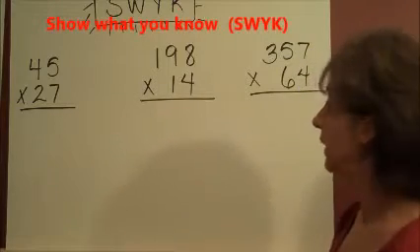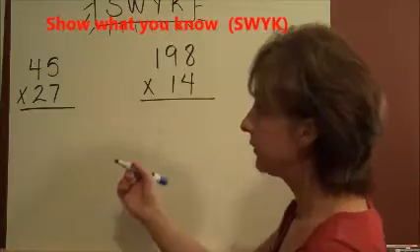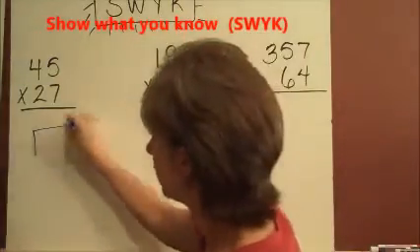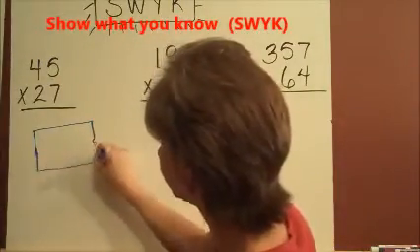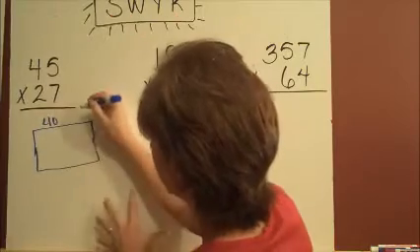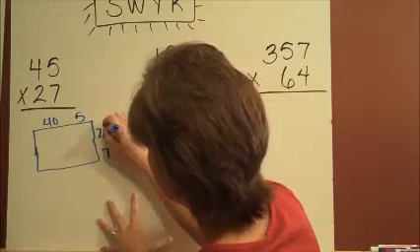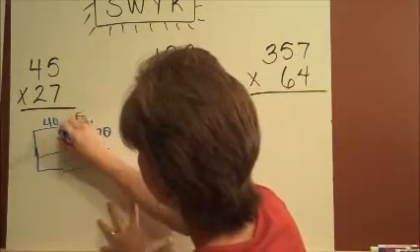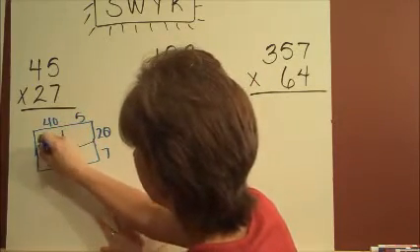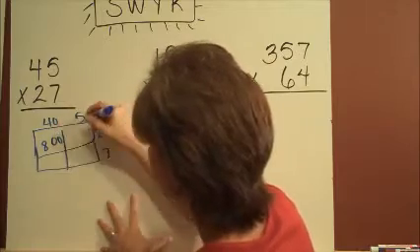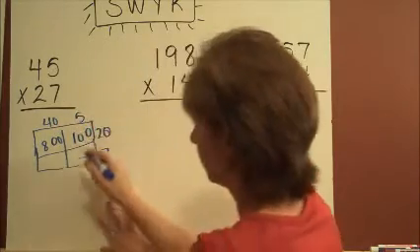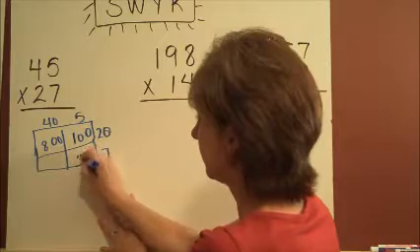45 times 27. For this one, I'll do grid. 45 times 27. 40 times 20 is 800. 20 times 5 is 100. 5 times 7 is 35.